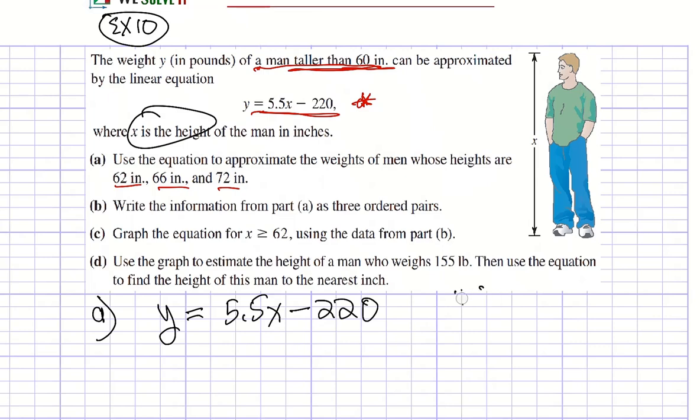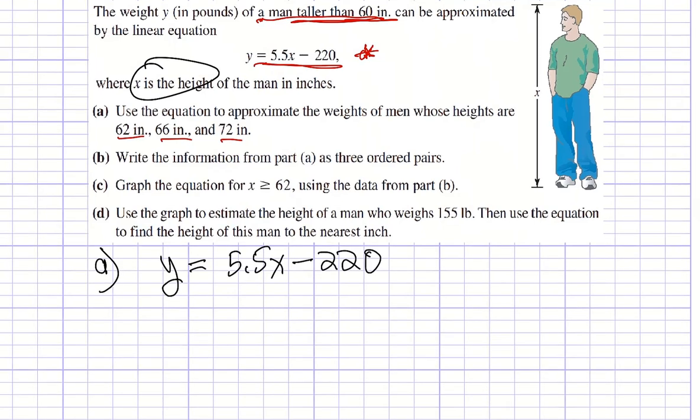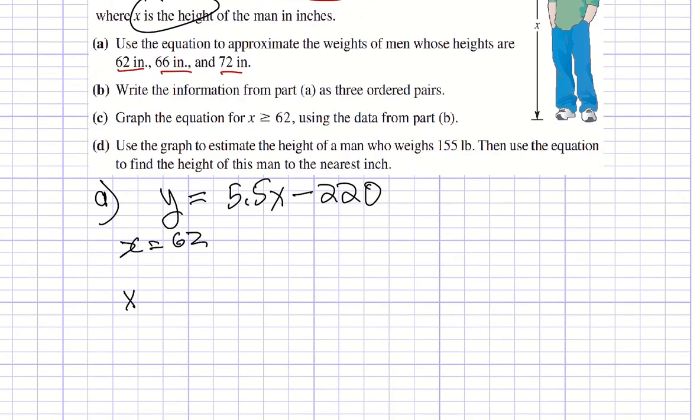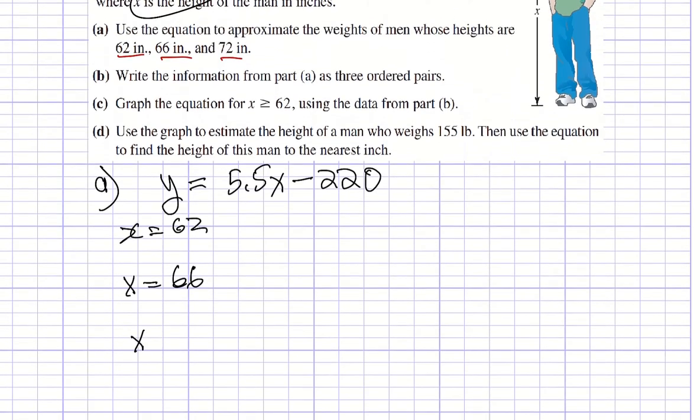We don't need to write anything else. Basically, what he's saying is, given that equation, evaluate the equation when x equals 62, when x equals 66, and when x equals 72.